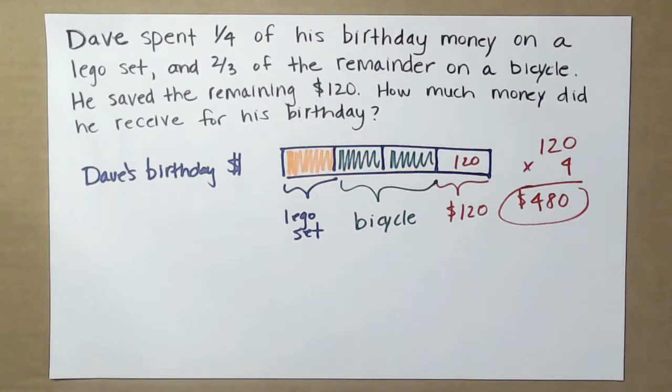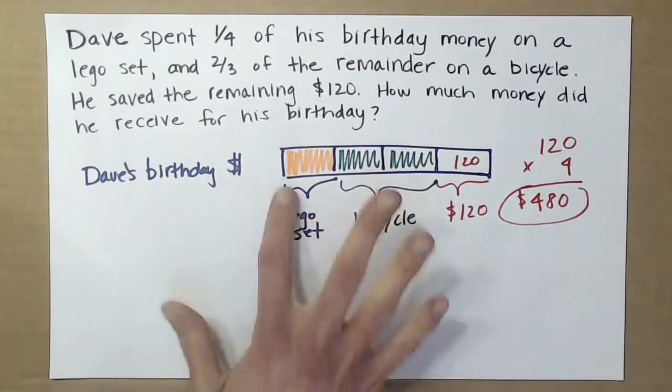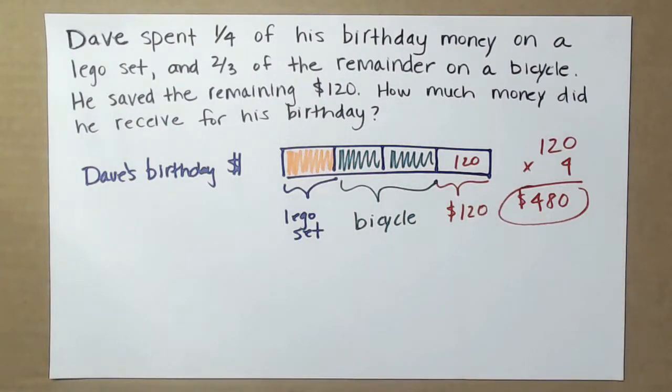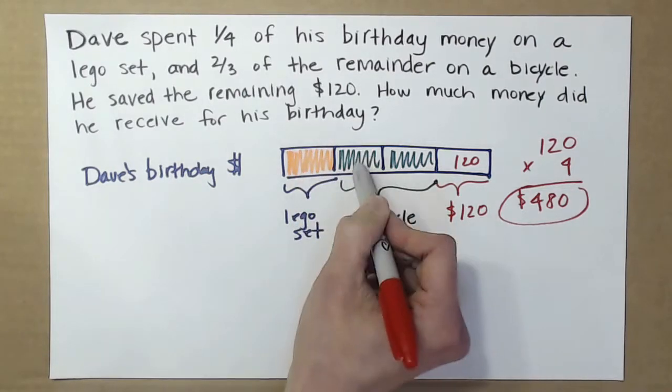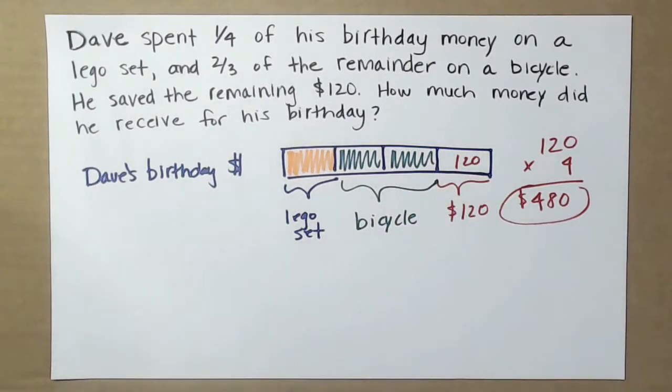Now for the next problem that you're going to try on your own, I'm just going to give you a little hint before you start. On this next problem, you'll probably start kind of like we did here with a bar model with a certain number of equal parts. But then you might determine that you might need to break it down further. For example, you might need to break each part down into 2.